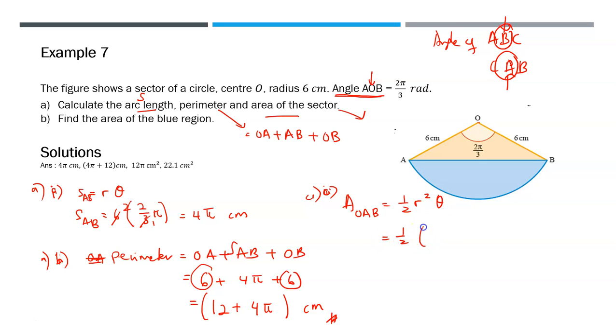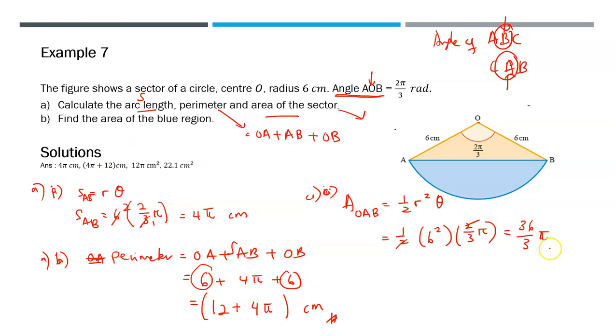So 1 over 2 R square. R square is 6 square. Theta is 2 over 3 pi. And then we simplify. 2 and 2 you can cancel out. 36 divided by 3. So 36 over 3 pi.